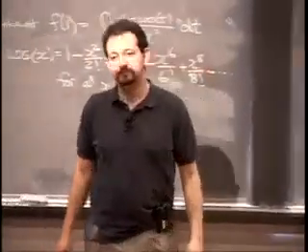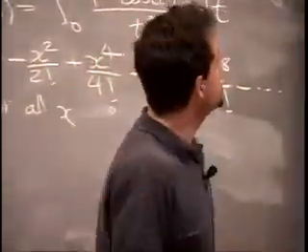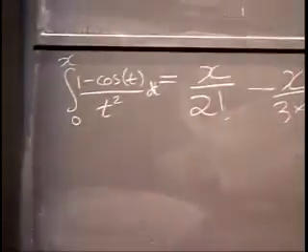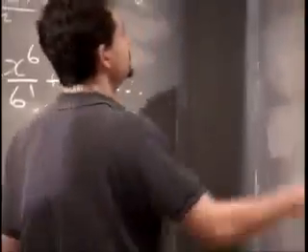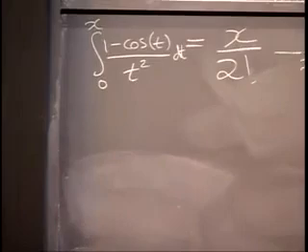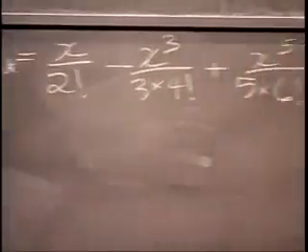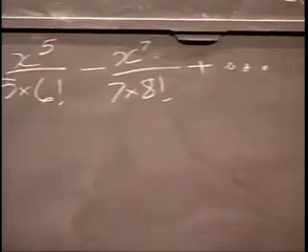Beautiful. Amazing. So when I say you can't do this integral, actually, you can do it, but as a series. I dare you to find an antiderivative for this, by the way. Don't even bother. You can't do it. But here's a series for it.